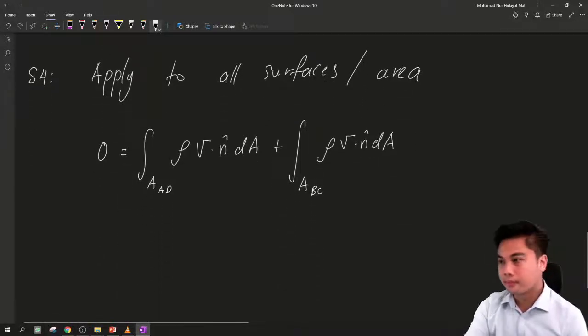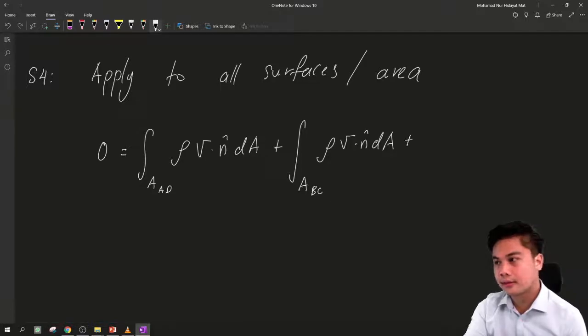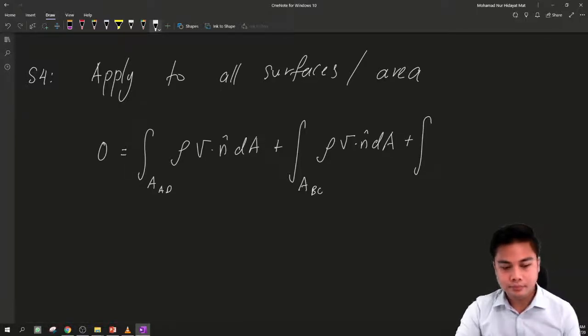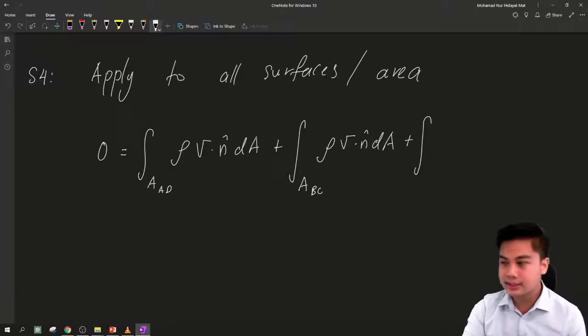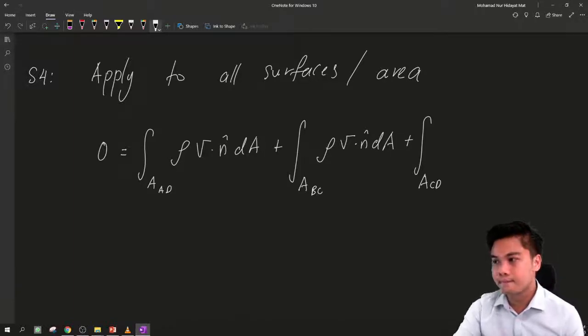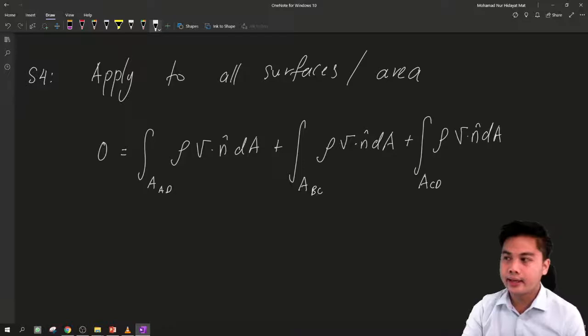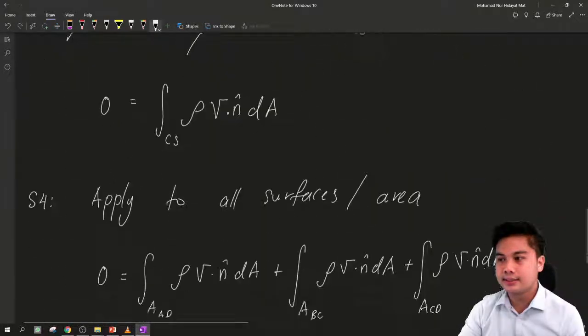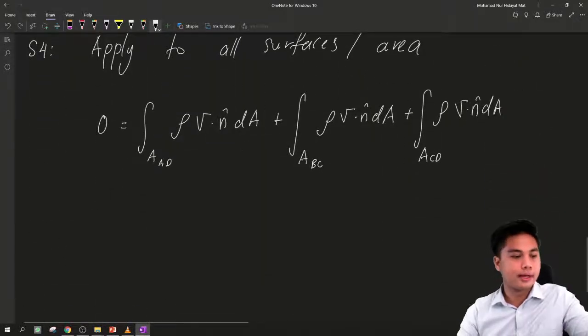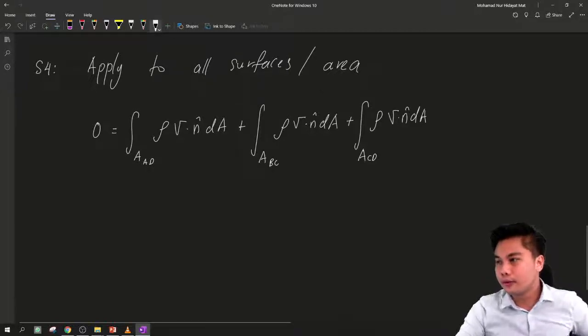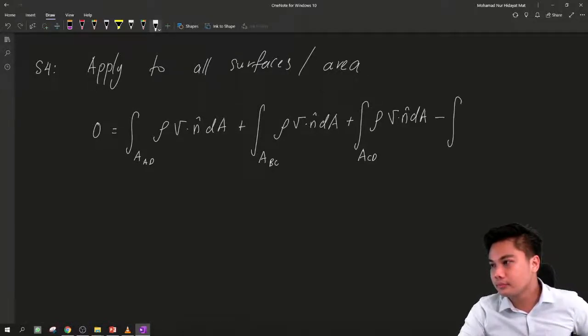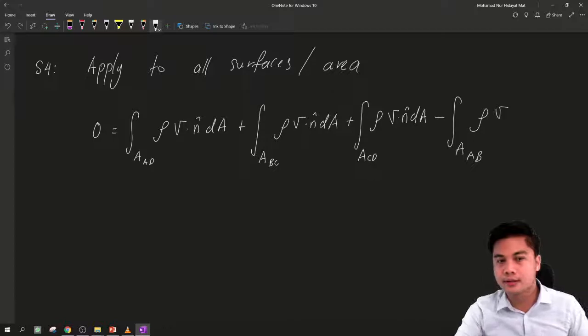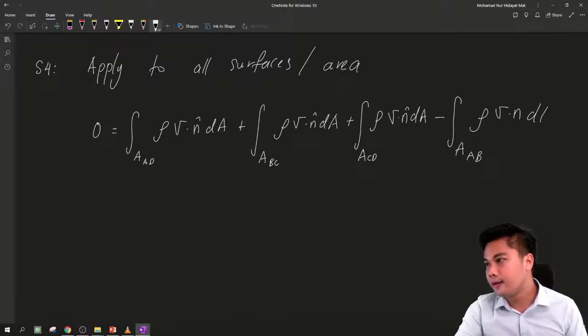Plus integration of area CD, rho V dot n dA. And lastly is AB, which is into the control volume. Thus, in this case, we need to minus AB, rho V dot n dA.